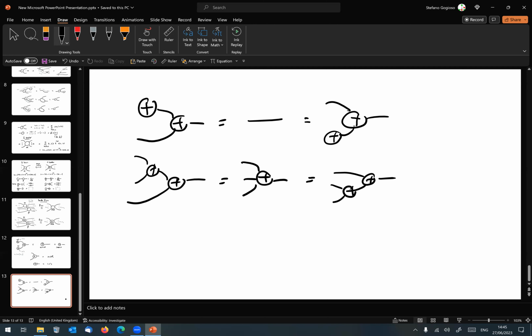So there are many equations that come from the spider fusion rule. You get quite a lot of them, even for a small number of spiders. And it also happens that all of these spiders are commutative, so I can change the order of the legs. But they don't have to be; there are good examples of generalized spiders that are not commutative.